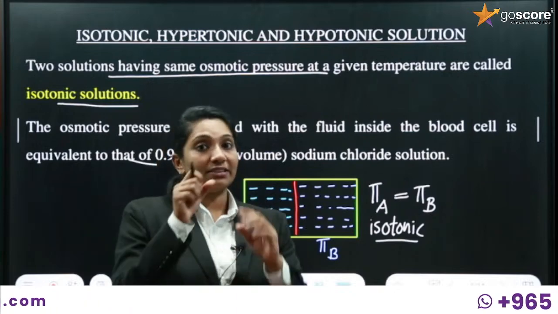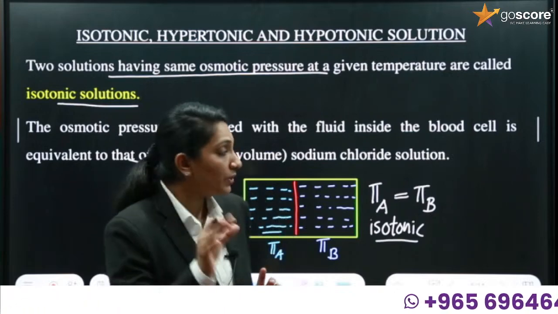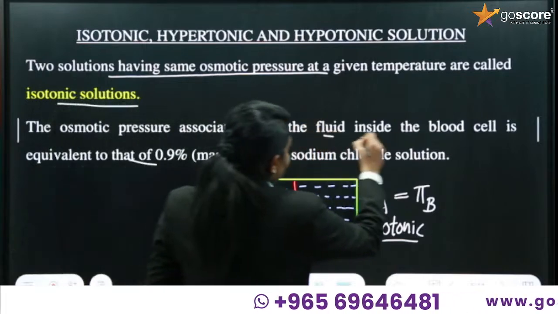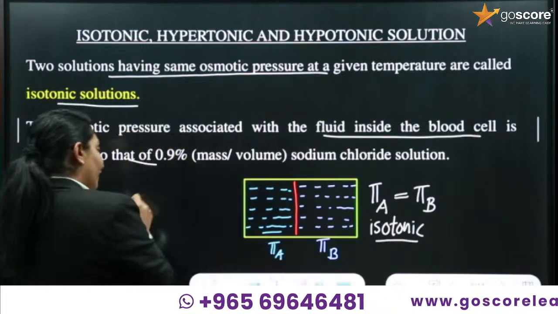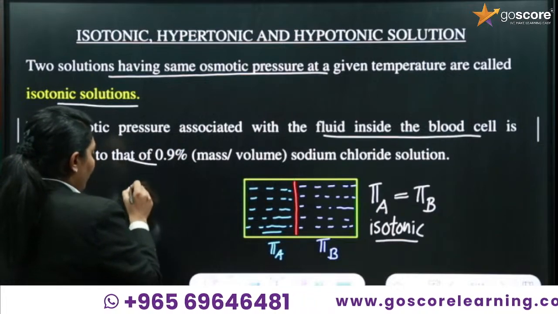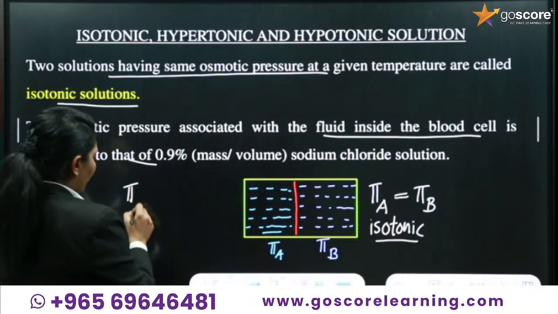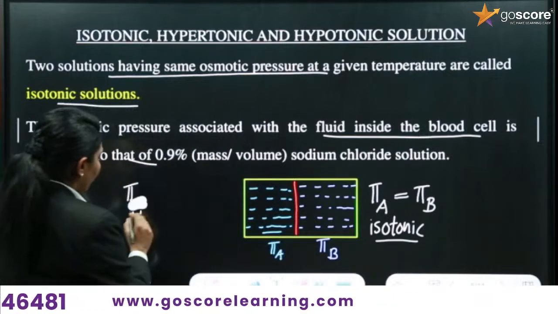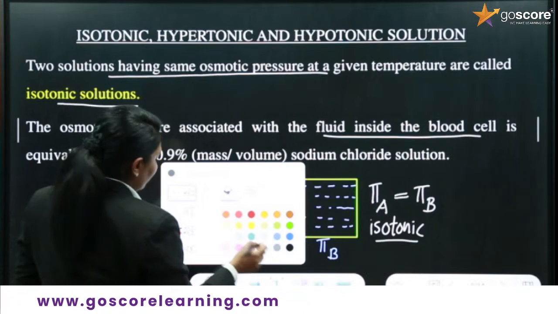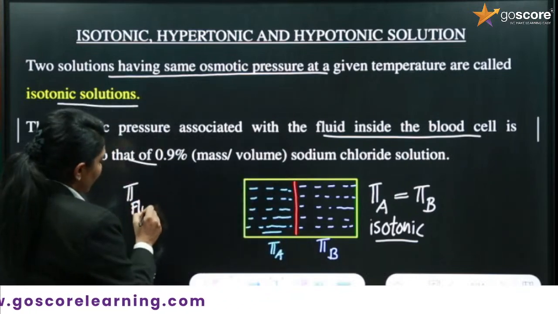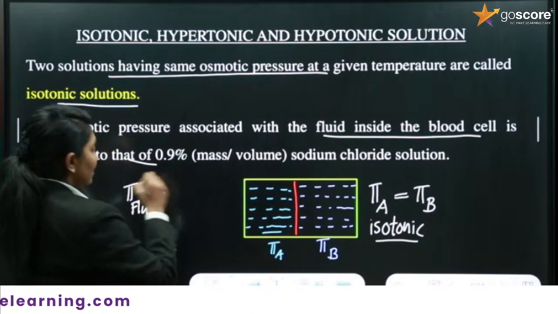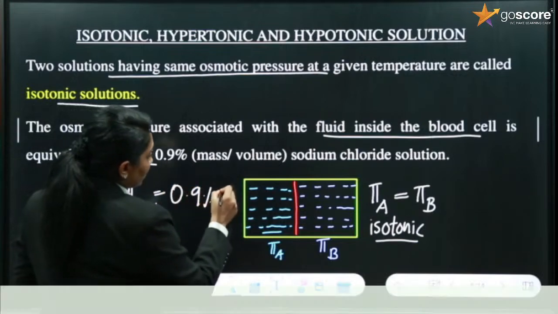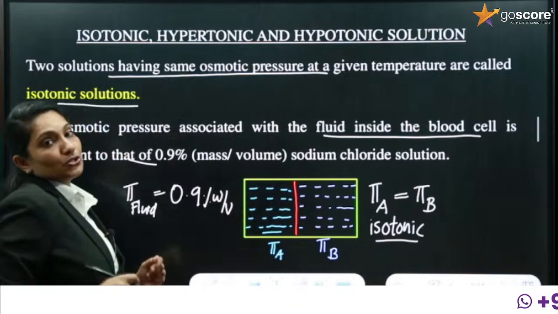Now see, in our body there are RBCs, right? The fluid present inside the blood cells has an osmotic pressure. The osmotic pressure of the fluid inside the RBC is isotonic with 0.9% weight by volume of sodium chloride.